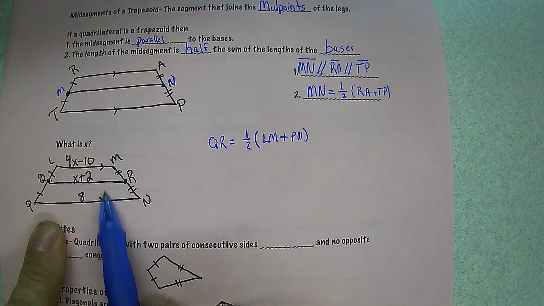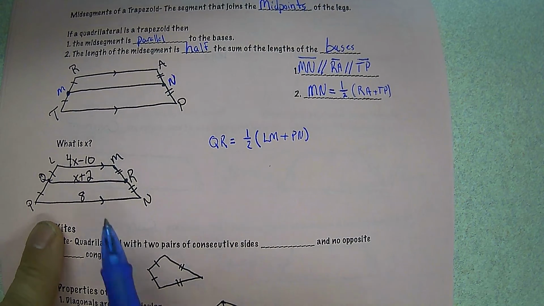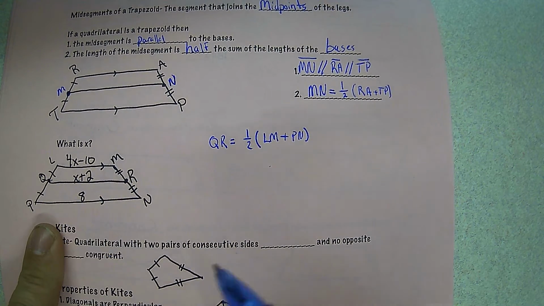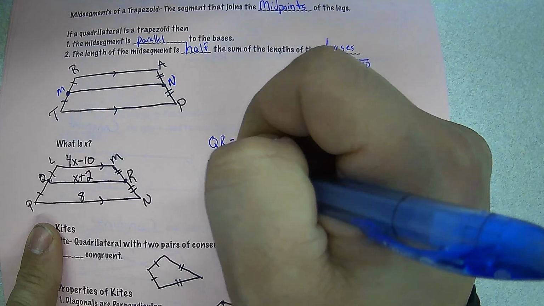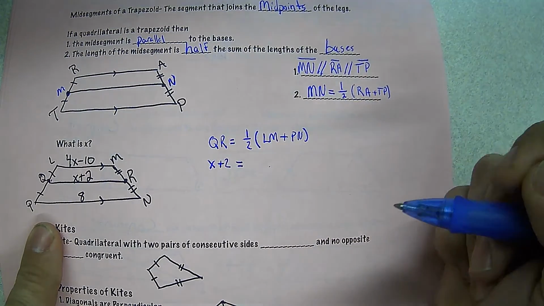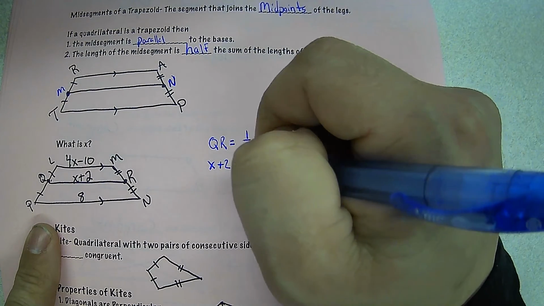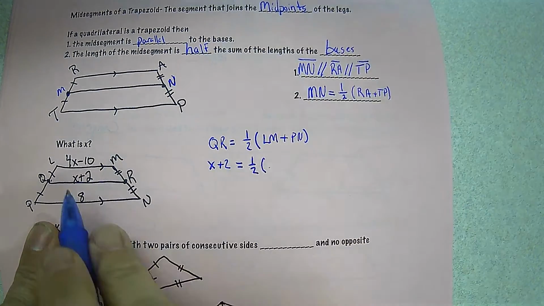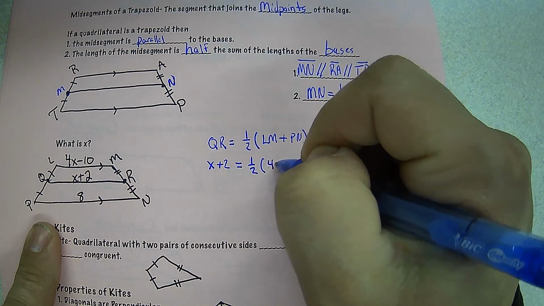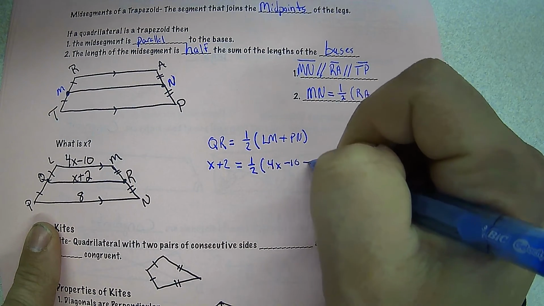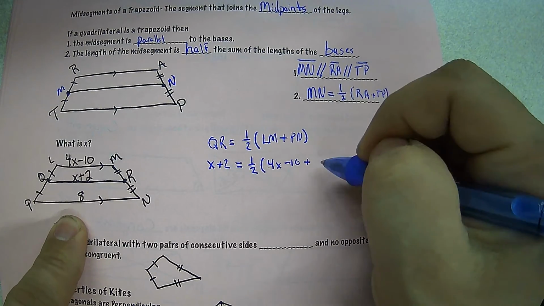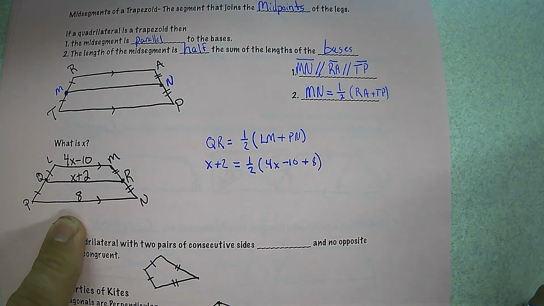Now we actually have values or expressions for all of those, so let's plug those in. QR is x plus 2, which equals 1/2 times LM, which is 4x minus 10, plus PN, which is 8.